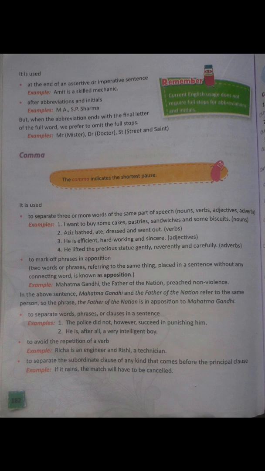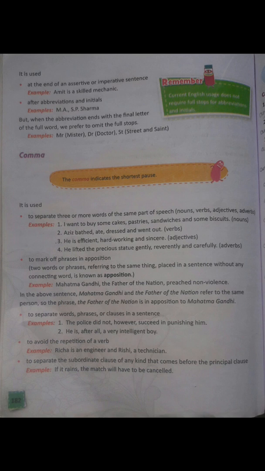To mark off phrases in apposition. Two words or phrases referring to the same thing placed in a sentence without any connecting word is known as apposition. So what do you mean by apposition? Two words or phrases referring to the same thing placed in a sentence.